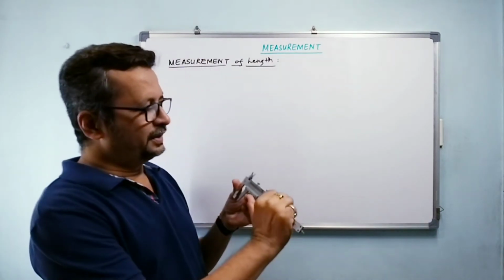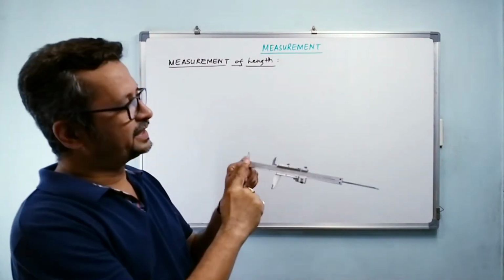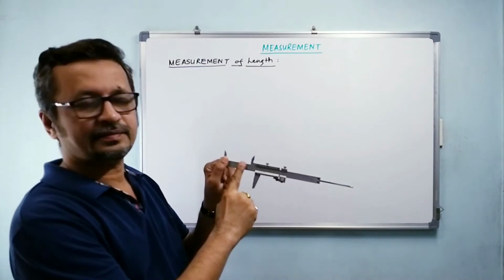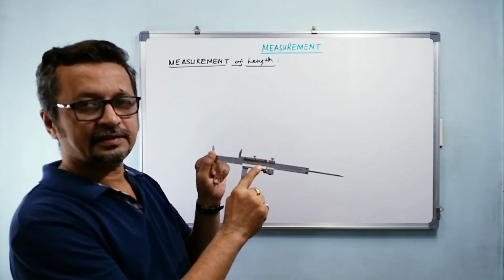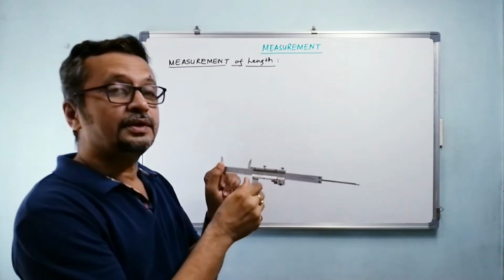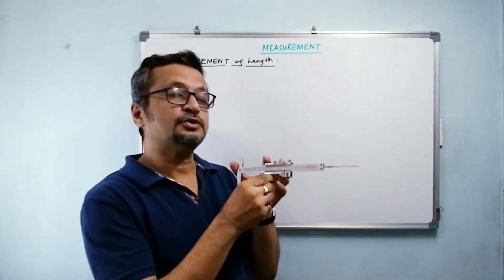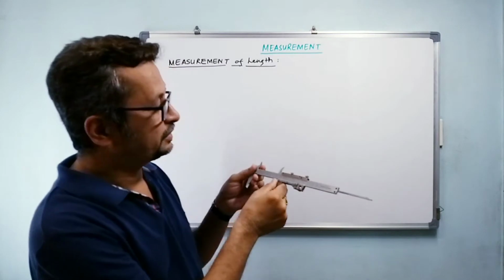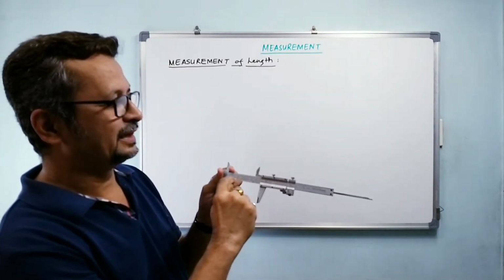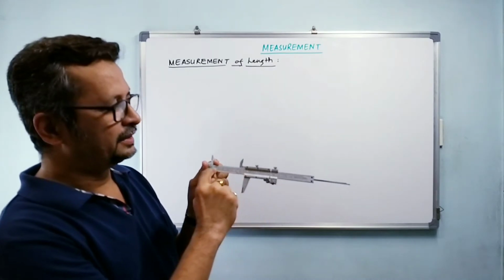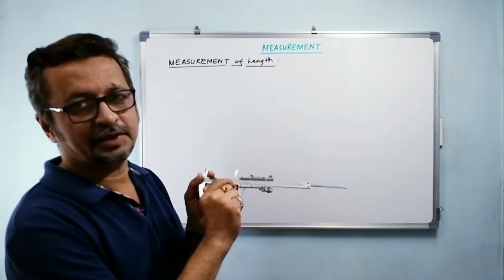Now, here, as I said, this is my main scale, okay, and this is my vernier scale, okay. Now what is so special about this vernier calipers? Now, if you can see here, I'm going to see this scale here, okay, and this scale is in millimeters, okay.